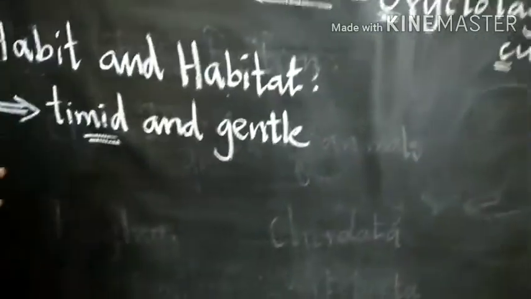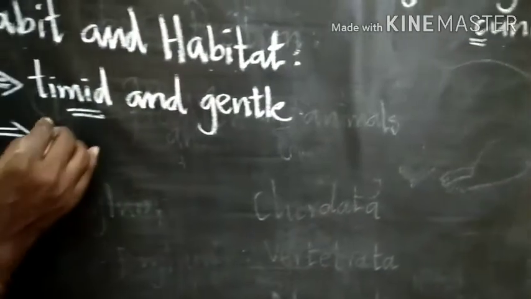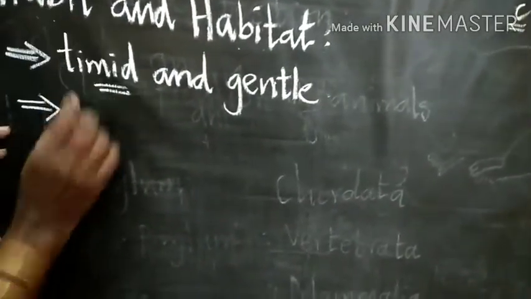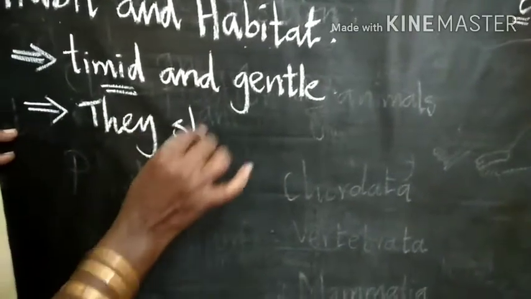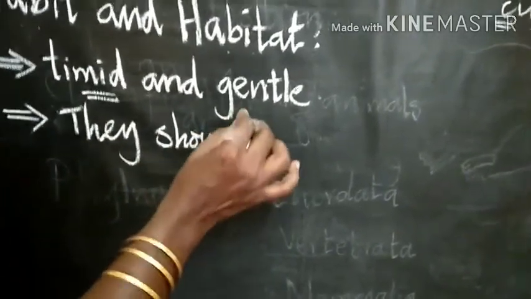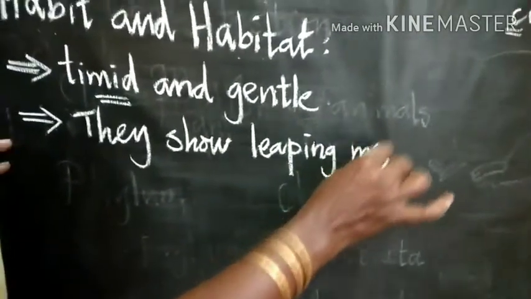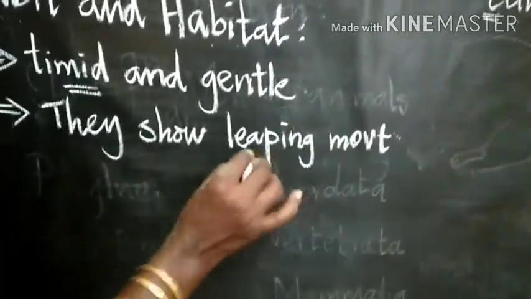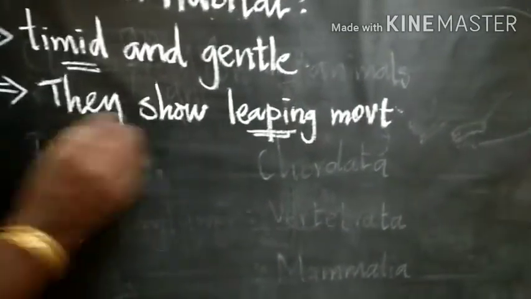Timid means easily frightened animals. And they show leaping movement, jumping movement. They jump easily.